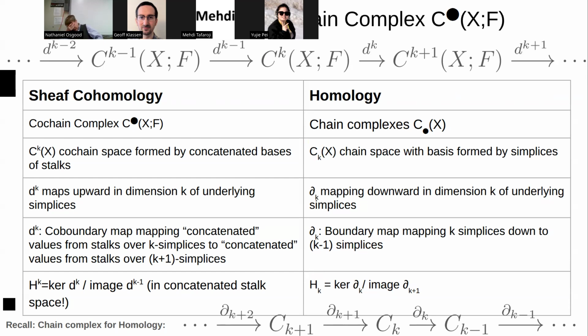We're interested in those cycles, but we don't want to consider cycles that are just produced from taking the boundary of triangles, the two-simplices from the dimension above. We're not interested in those because those weren't in our original complex.